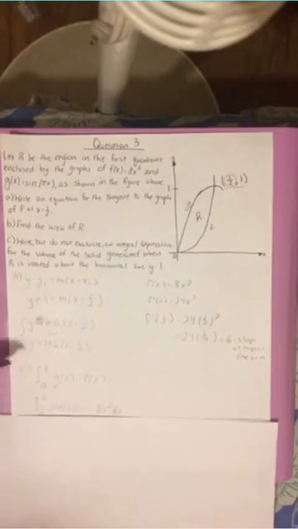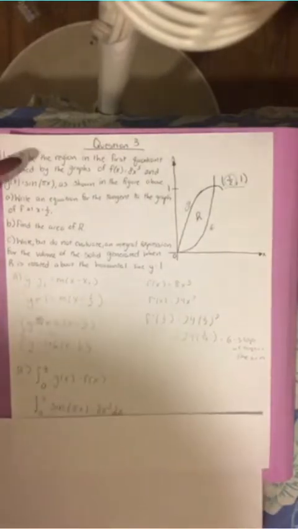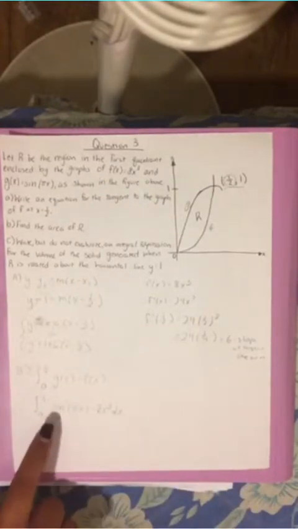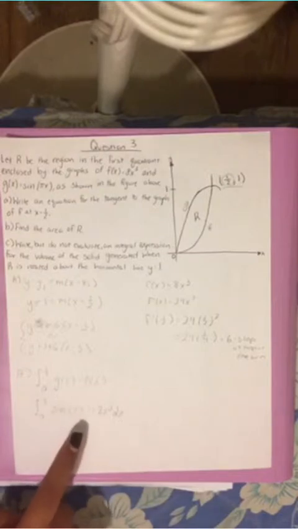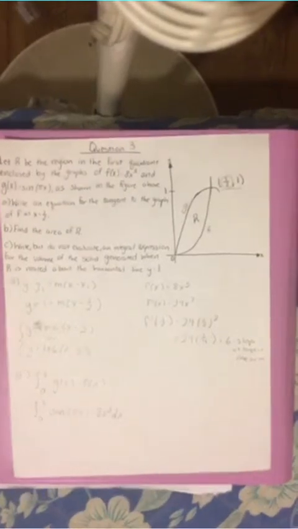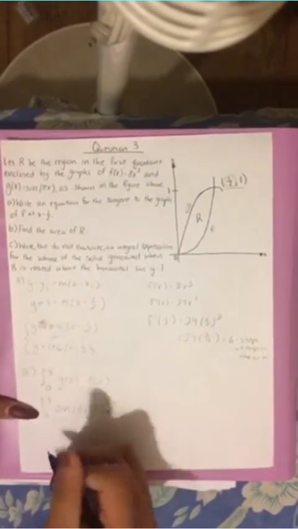To find the area between the curves, you need to do the integral of the top curve minus the bottom curve. So we use g of x and f of x, and when we plug it in, it'll be the integral from 0 to 1/2 of sine pi x minus 8x cubed dx. So now we just need to solve it.